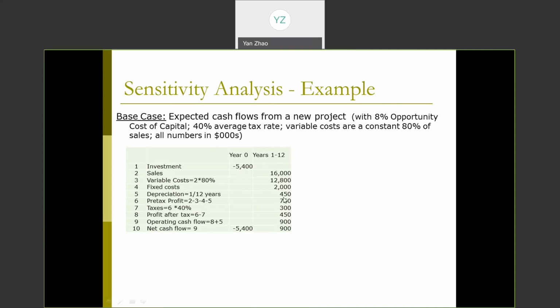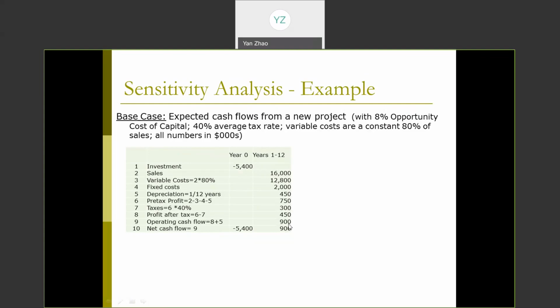So although you deduct $450 depreciation in calculating the after-tax profits, you didn't actually pay $450, right? It's just an accounting number. So you have to add back the non-cash item. So $450 after-tax profits plus the depreciation of $450, $900, is the cash flow we are going to use to calculate the net present value number.